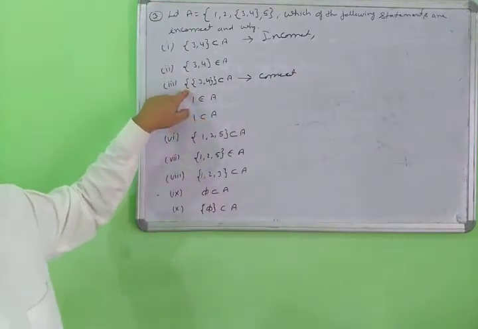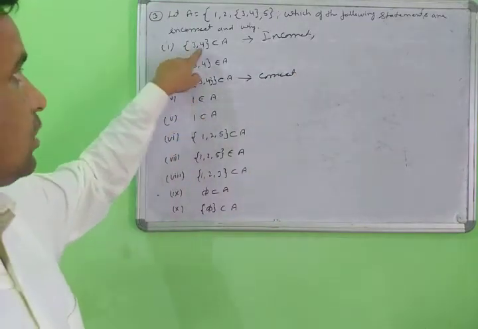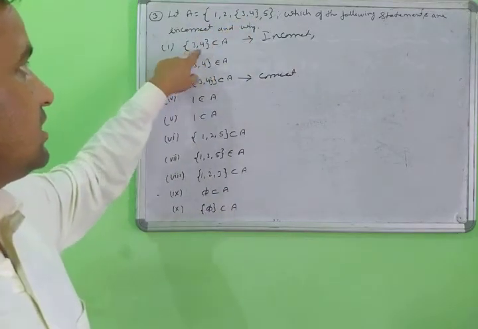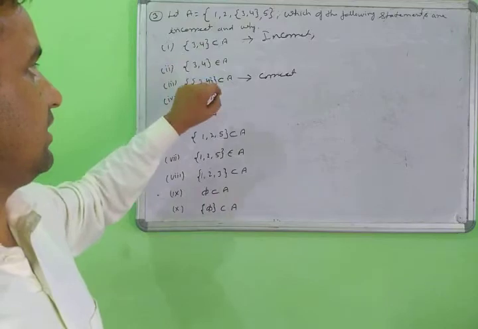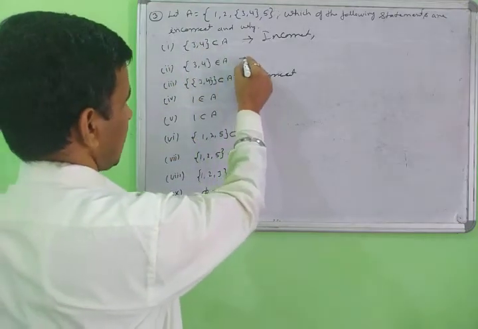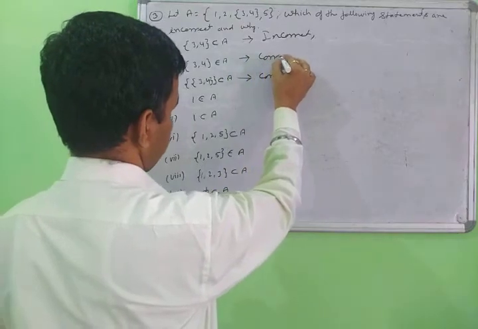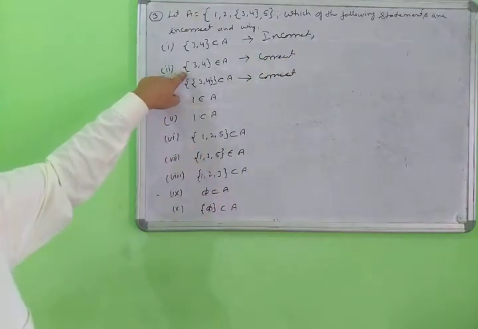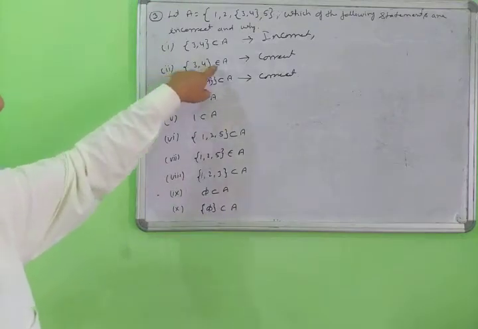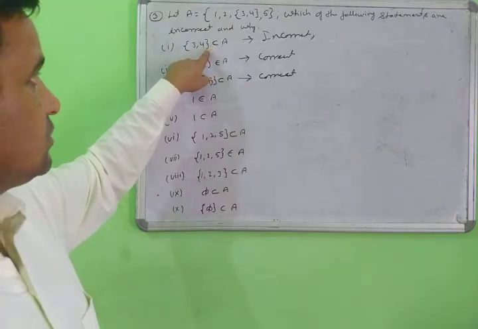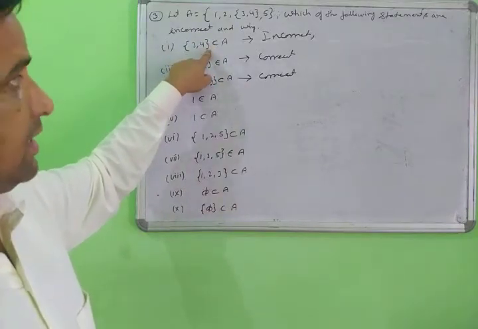Because you are using the double curly bracket. This is used only for the element here. Then this represents only the belong sign. That means this form is incorrect and this form is correct, because this symbol has the belong sign. This form is incorrect because it uses one curly bracket.